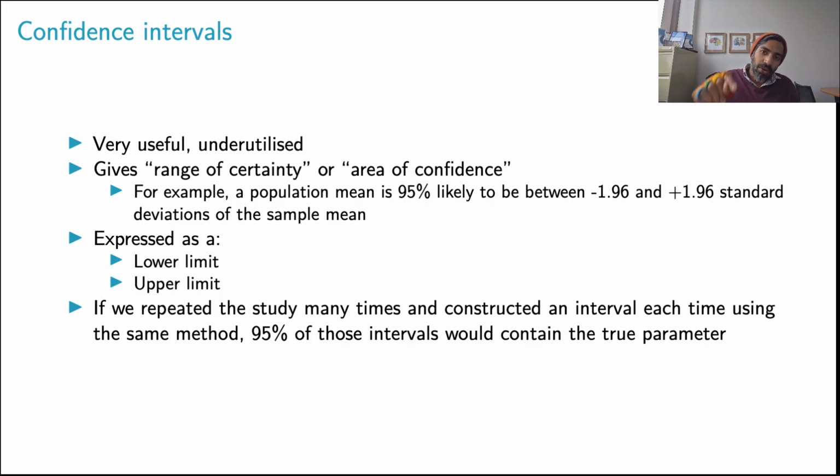So when you talk about the confidence intervals in your studies, it doesn't reflect that the true value is between X and Y, which is what people often interpret it as. In fact, if we were to conduct this study many, many times under the same conditions, using the same method, 95% of those intervals would contain the true parameter. That's what a confidence interval means.